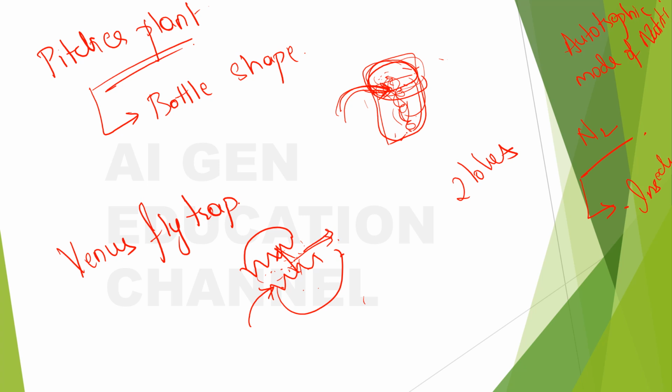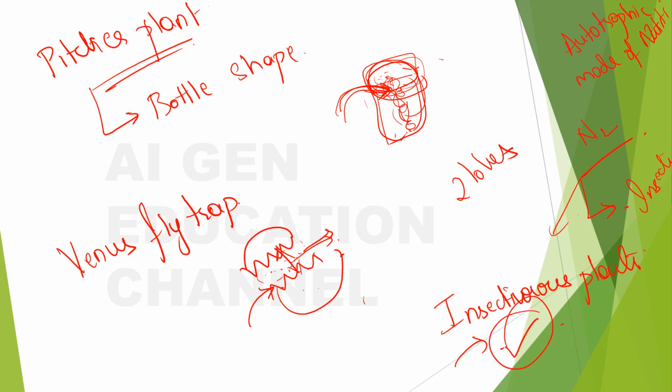So it will become carnivorous here to fulfill its nitrogen deficiency. If there is a question asking which type of nutrition insectivorous plants show, don't think that it shows only heterotrophic nutrition, it shows both autotrophic and heterotrophic nutrition. So you can see both modes of nutrition in insectivorous plants, and this is very important. You may have this in competitive exams, don't forget about it.